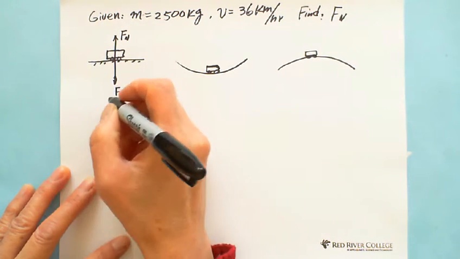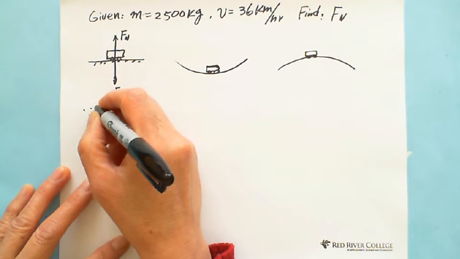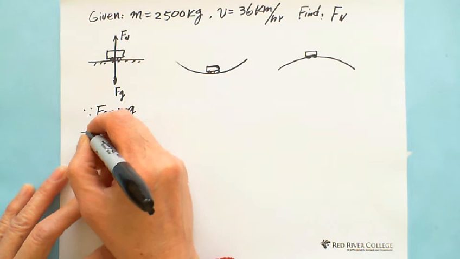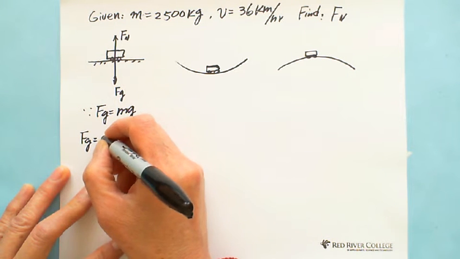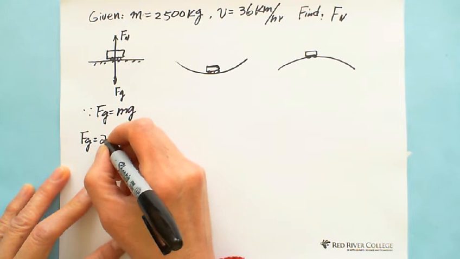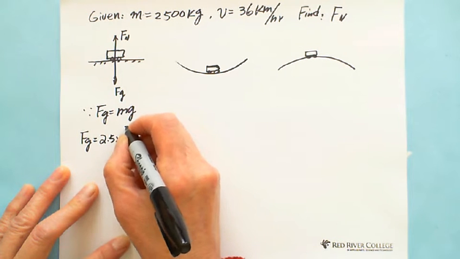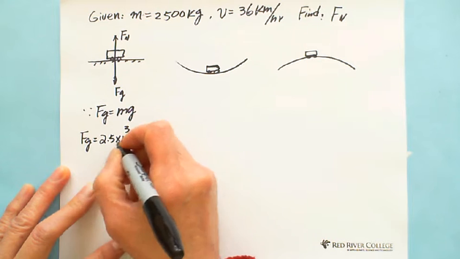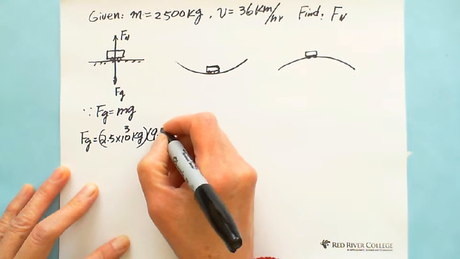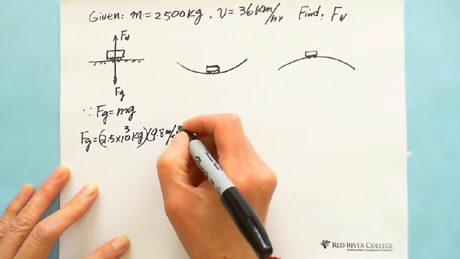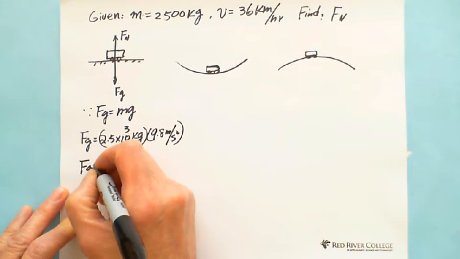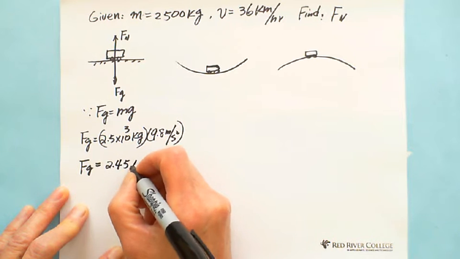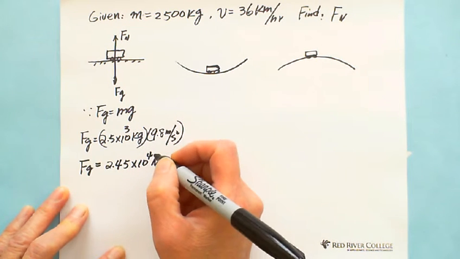So Fg equals mg, which is 2.5 times 10 to the 3 kilograms, multiplied by 9.8 meters per second squared. We get Fg equals 2.45 times 10 to the 4 Newtons.